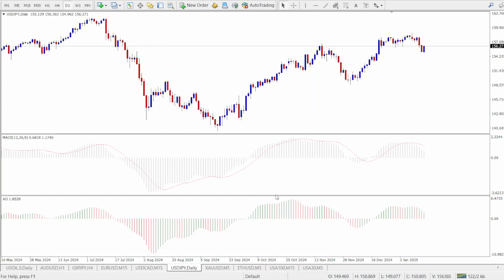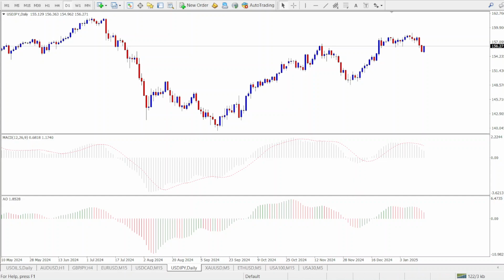Now you can use the MACD for entry points. The MACD is excellent for spotting entry points. A bullish crossover signals a potential buy opportunity, while a bearish crossover signals a sell opportunity. Then you can confirm with the Awesome Oscillator. Use the Awesome Oscillator to confirm the momentum. Avoid trades where the MACD gives a signal, but the Awesome Oscillator contradicts it.